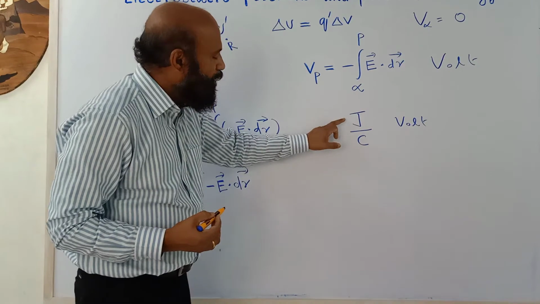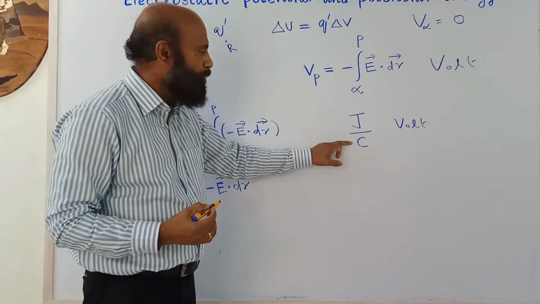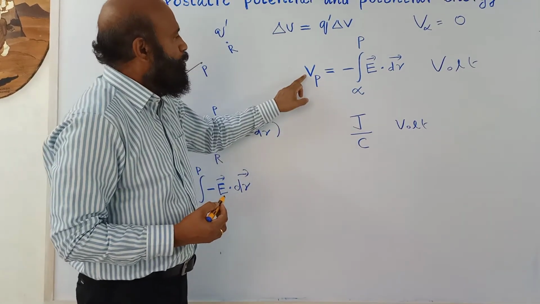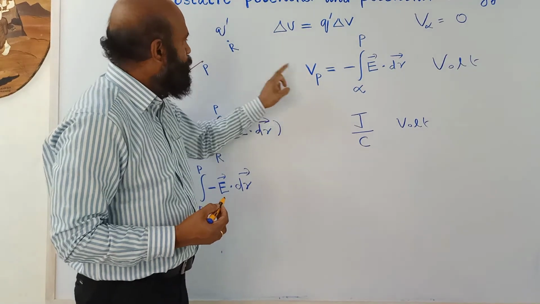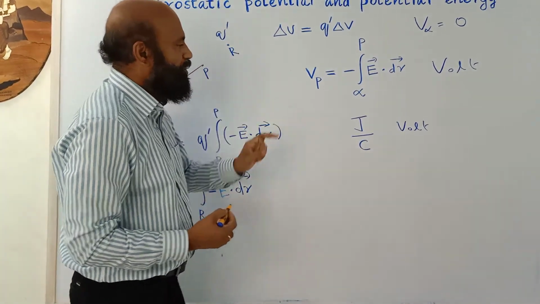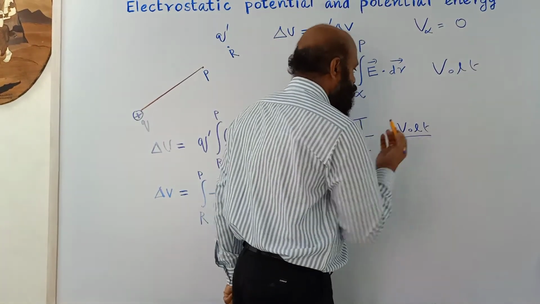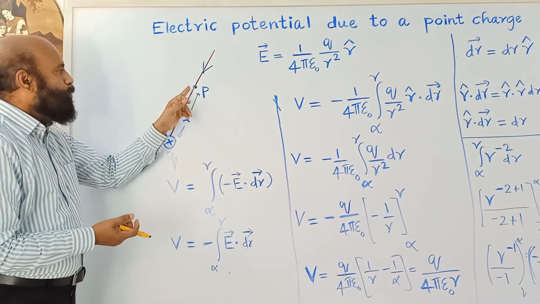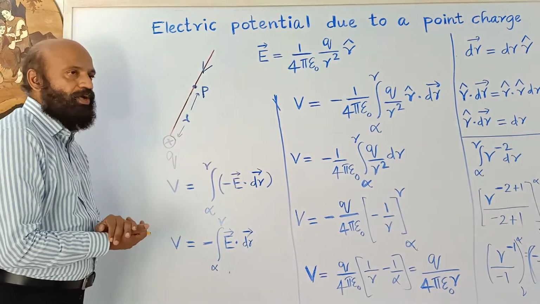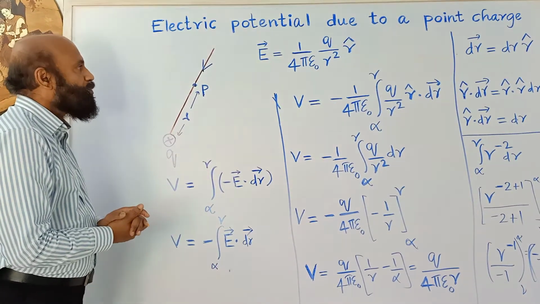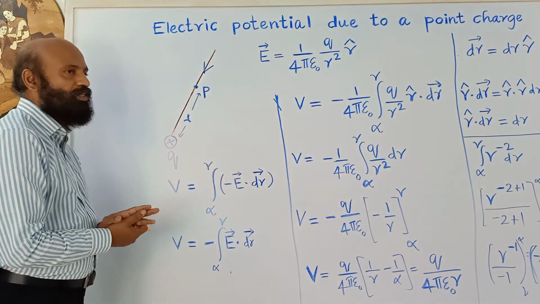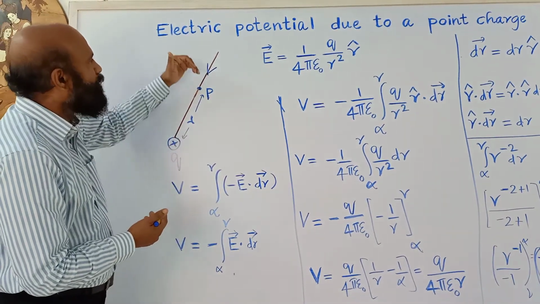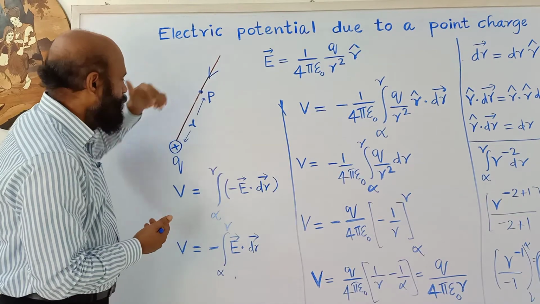It can be expressed like this also, joule per coulomb. So potential at a point or potential difference between 2 points is expressed in the unit volt. That is also equal to joule per coulomb. Potential at a point is defined as the amount of work done for taking unit positive charge with the constant velocity from infinity to that point.